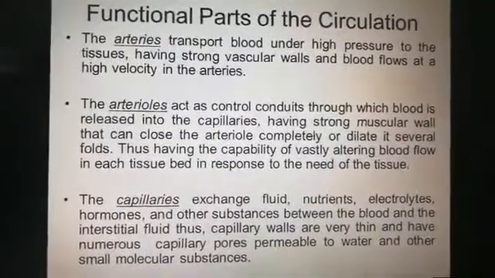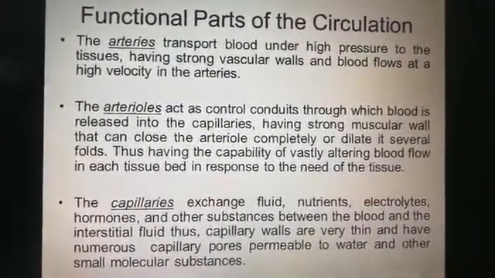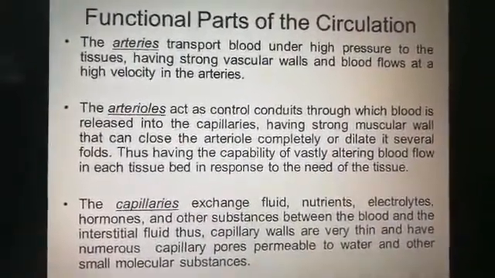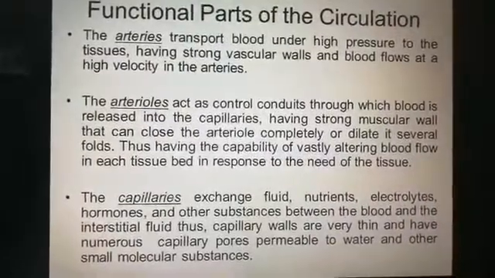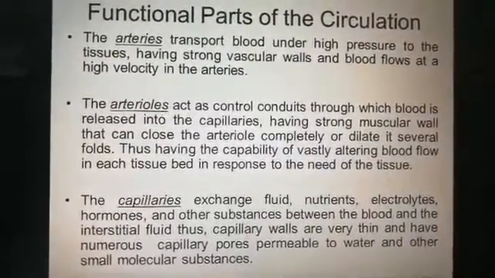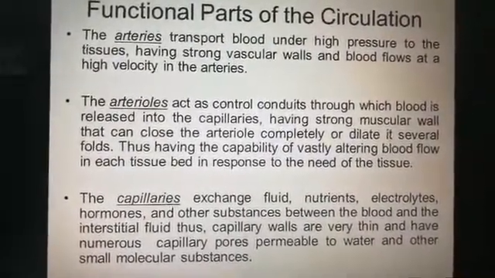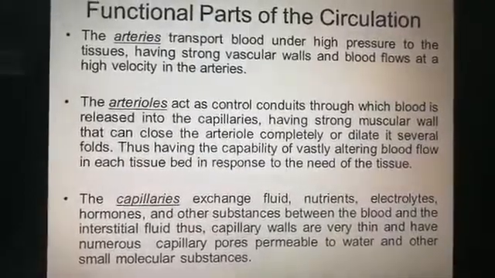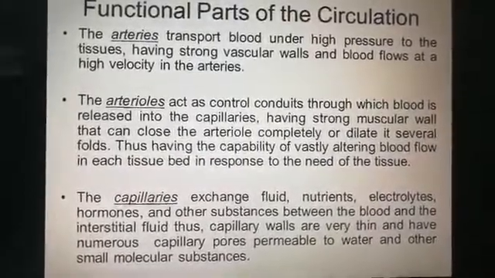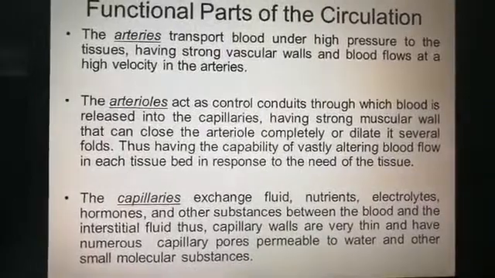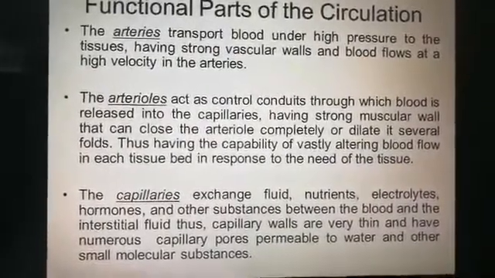Now the functional parts of the arteries. These are very basic concepts you have already studied in your intermediate and previous classes. The arteries transport blood under high pressure to the tissues, having strong vascular walls, and blood flows at a high velocity in the arteries.